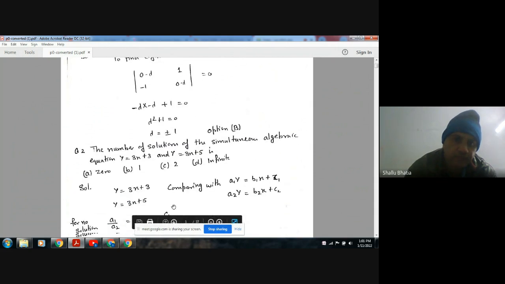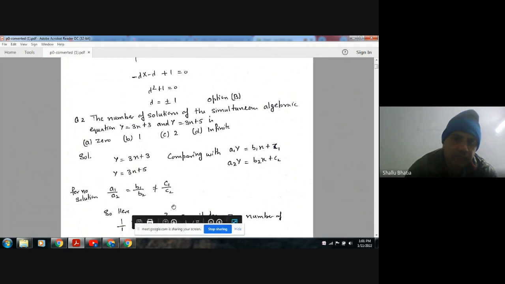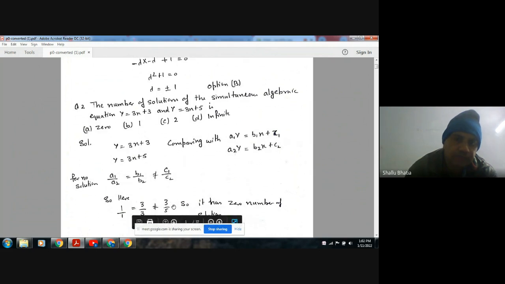Next, the number of solutions of the simultaneous algebraic equations y equals 3x plus 3 and y equals 3x plus 5 is: option A 0, option B 1, option C 2, option D infinite. So these are linear equations.